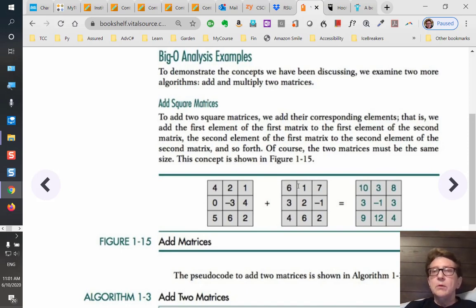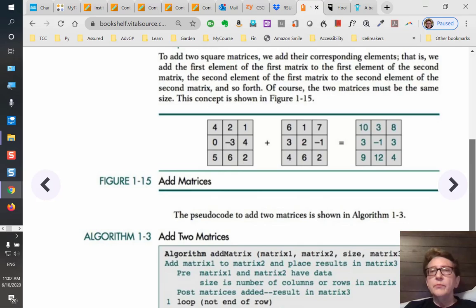You take that element, add it to that element, and put it there. Take that element, add it to that element, and put it there. It's 0 plus 3 is 3. Negative 3 plus 2 is negative 1. 4 plus negative 1 is 3, and so forth. That's not hard, right? Even if you haven't had the math.